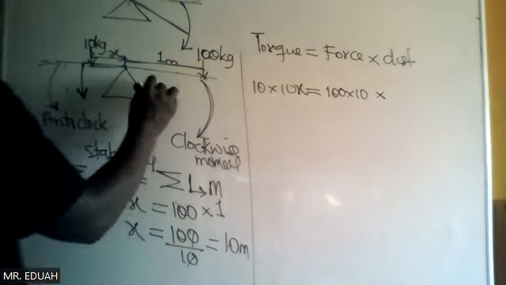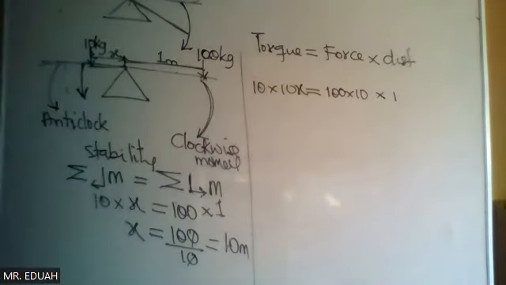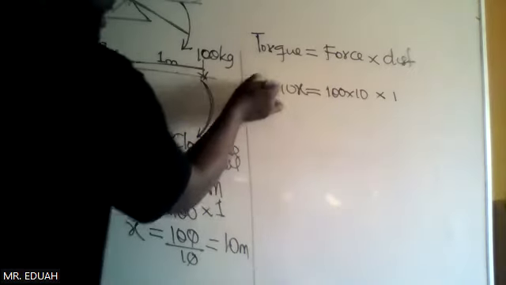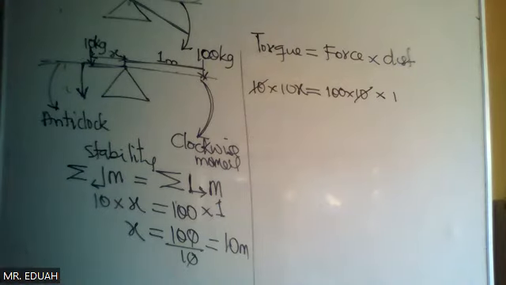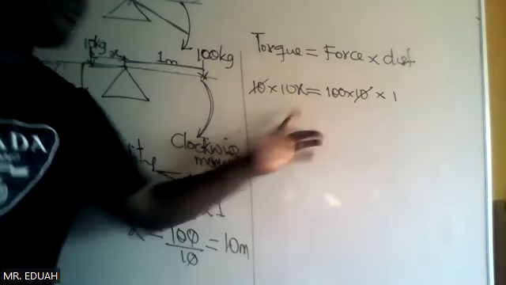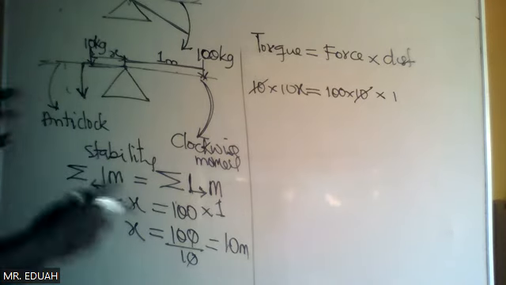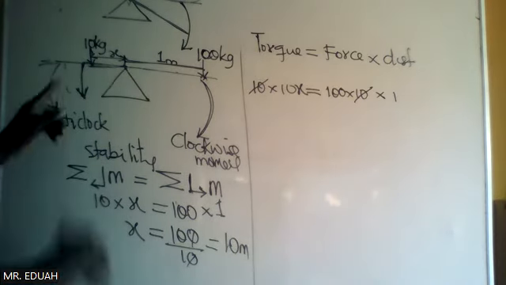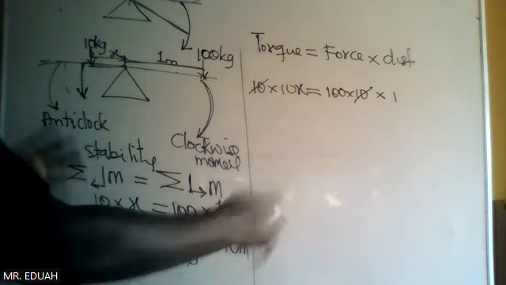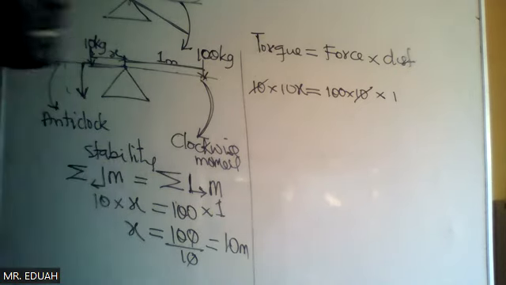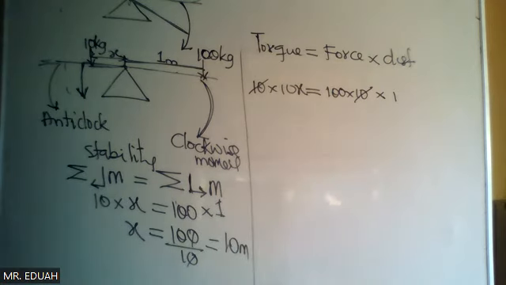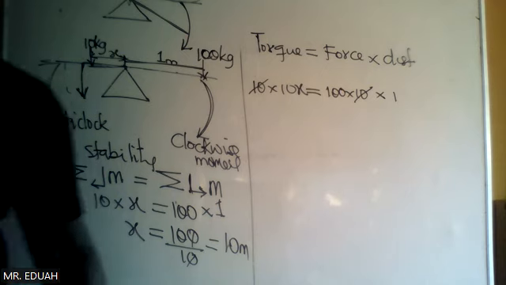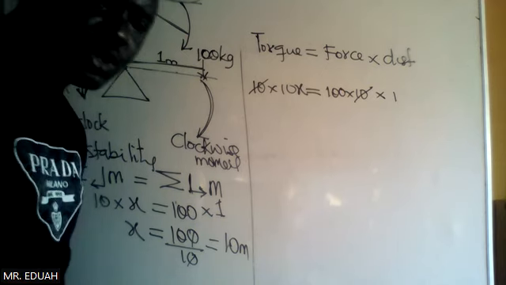This perpendicular distance is 1. Meaning that at the end of it, the 10 meter per second squared will cancel out, and it brings me back to masses. So if I'm equating, there is no need of multiplying by gravity to convert them to forces. I can do the same thing and the value will be the same. Please, are we okay? Yes, please. Good. So let's come to the principles of moment.